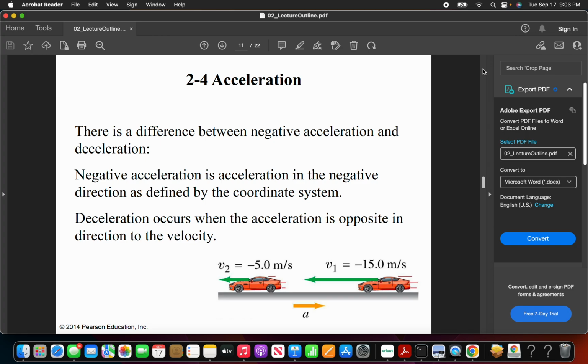The further I go left on the number line from zero, I'm getting smaller. But the actual magnitude of the number might be getting bigger. In actuality, you're getting smaller because you're going further away from zero in the negative direction, if that makes sense to you. Okay?